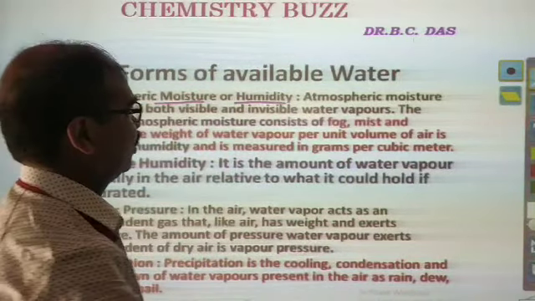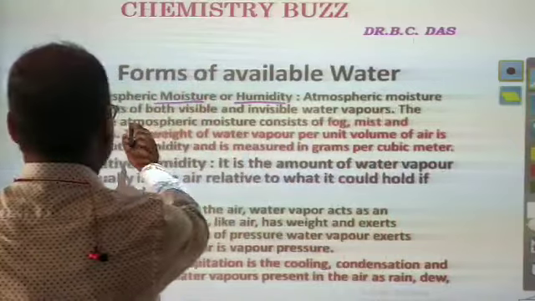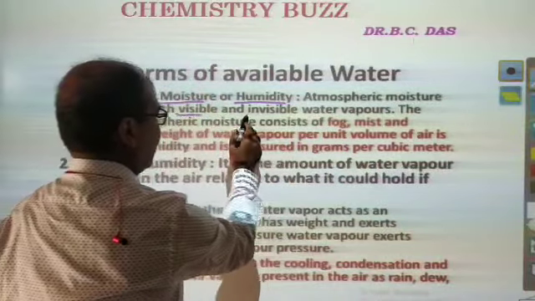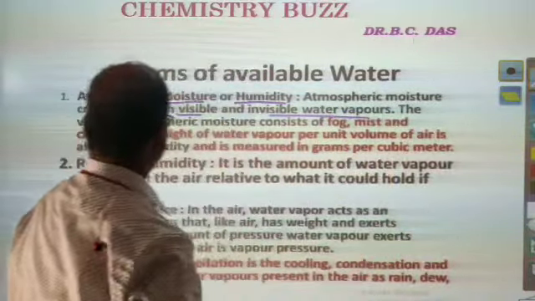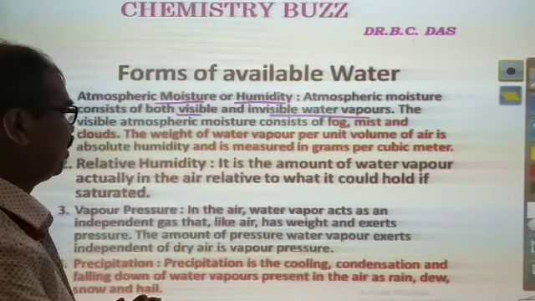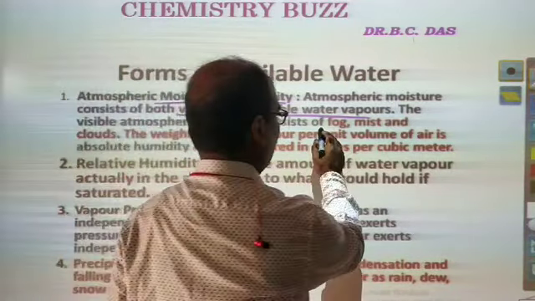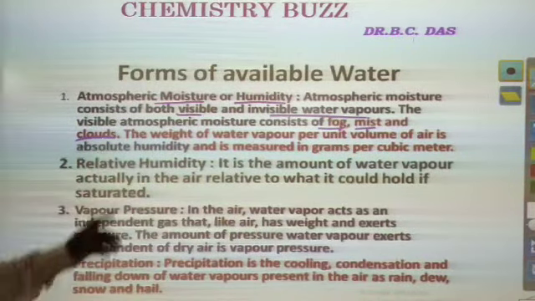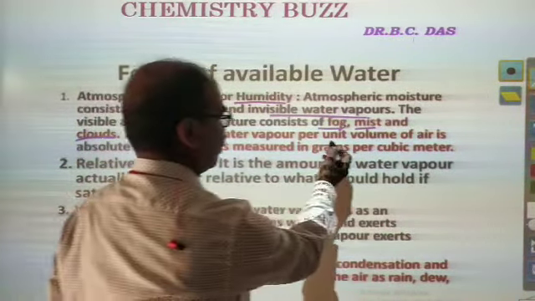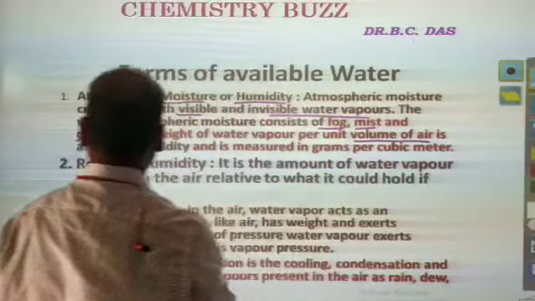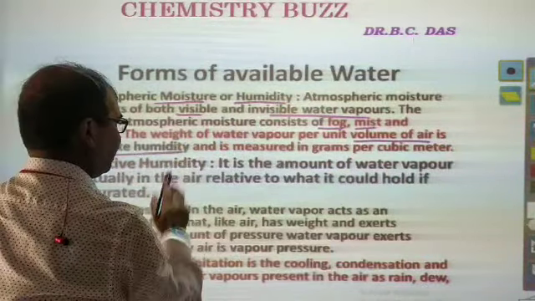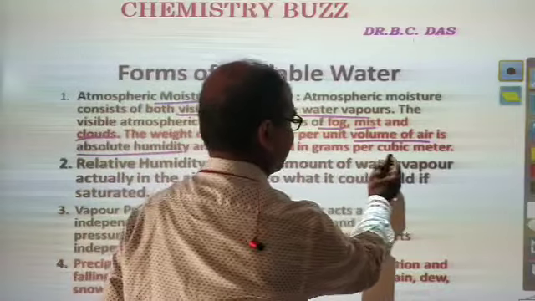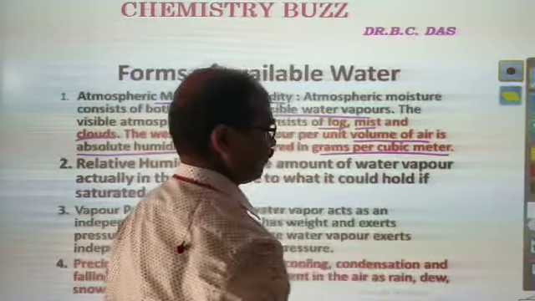Atmospheric moisture consists of both visible and invisible water vapor. The visible atmospheric moisture consists of fog, mist and clouds. The weight of water vapor per unit volume of air is absolute humidity and is measured in grams per cubic meter.